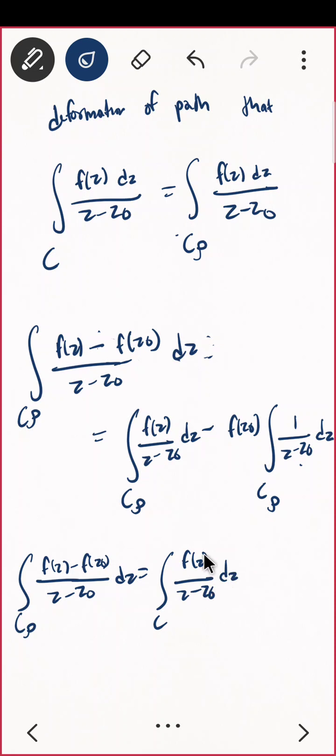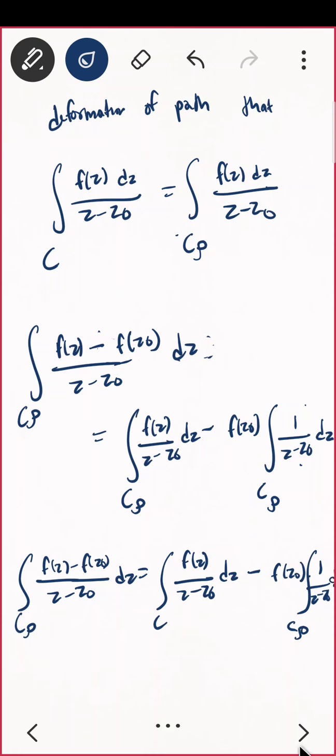Do you see, the left hand side of the proof we have to do is this, and this is minus f of z naught multiplied by 1 upon z minus z naught. If you still did not get how to solve it, tell me, I can do that for you. Use the substitution, or maybe I'll do it. I'll write it here: 1 upon z minus z naught dz over 0.